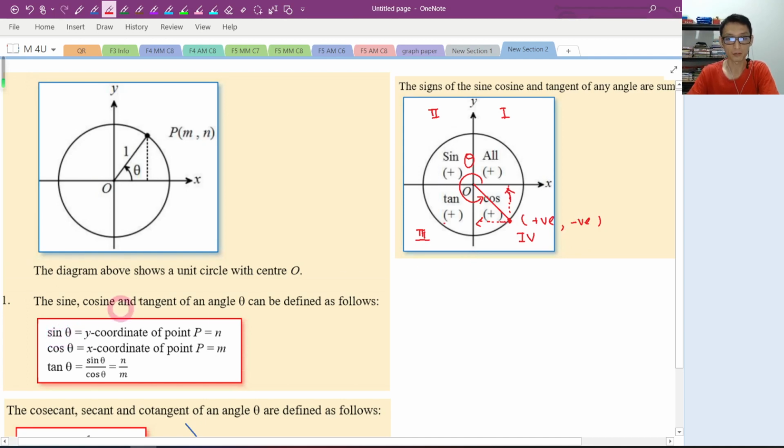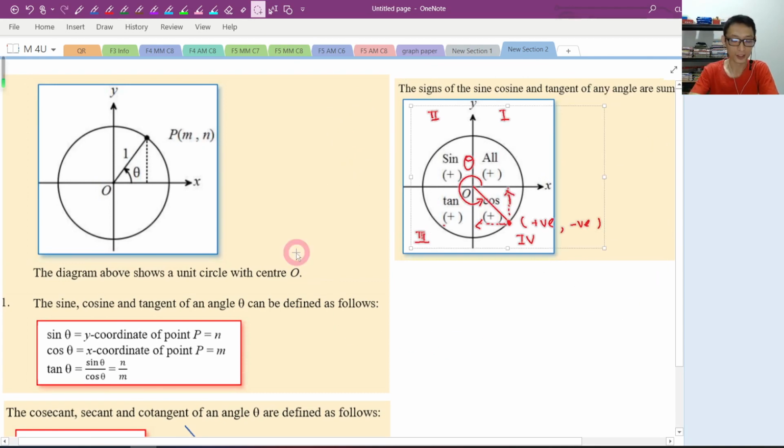Now, sine theta, y coordinate, negative. Cosine theta, x coordinate, positive. Tangent theta, y coordinate over x coordinate: negative divided by positive, you will get a negative value. This is why in the last quadrant cosine is positive. So remember this, ASTC. It's up to you how you want to remember this. Some students just remember ASTC, some students like to remember it as "add sugar to coffee". You can use your own way as long as you can remember it.